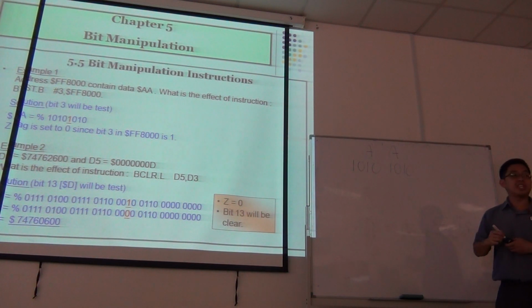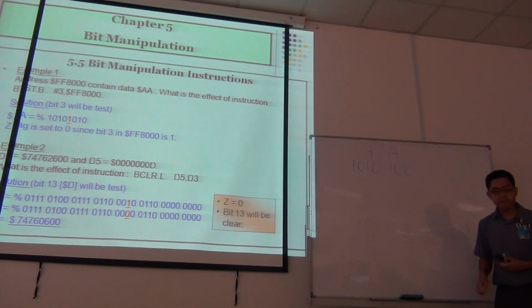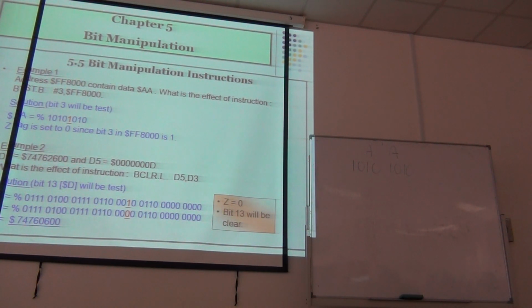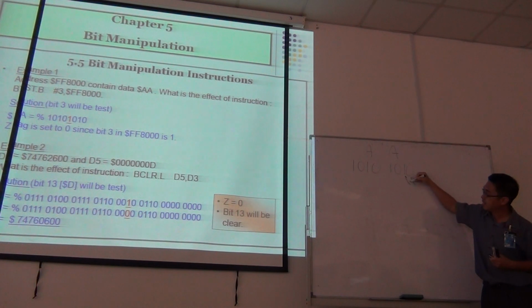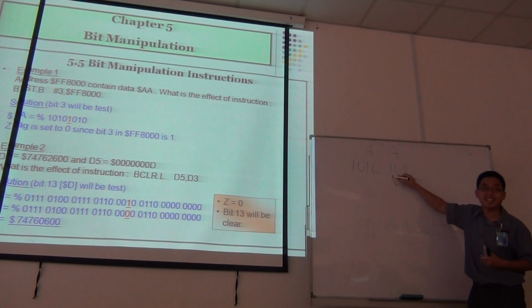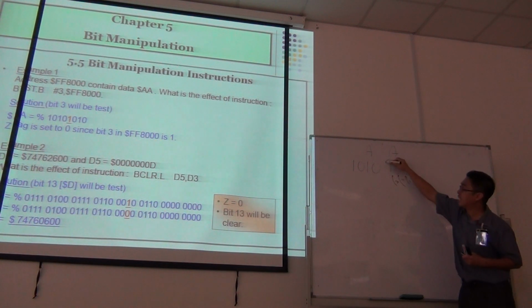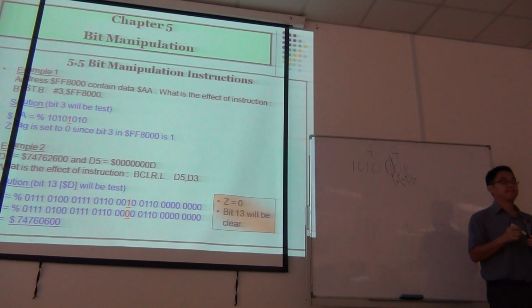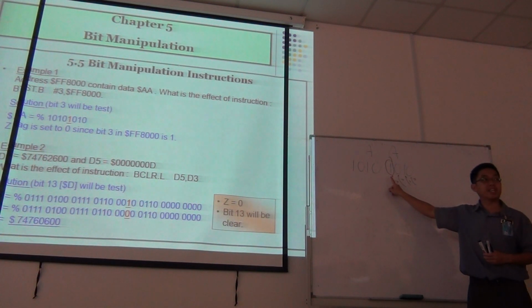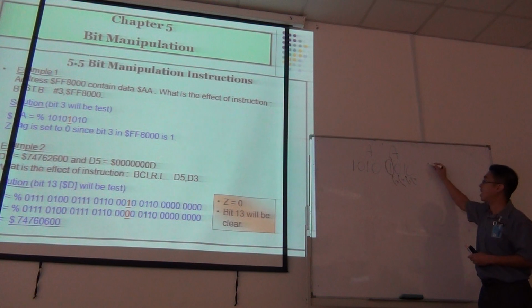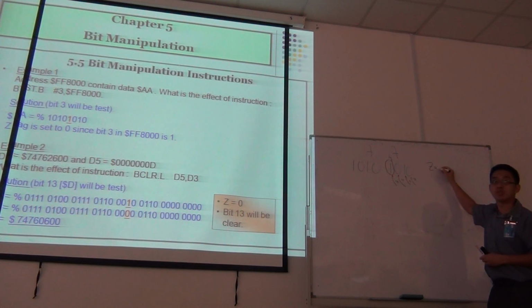So the question is testing bit number 3. Bit number 3 is this one. This is bit 0, this is bit 1, this is bit 2, and this is bit 3. So it will test this bit. If the value here is 1, my Z flag is equivalent to 0.